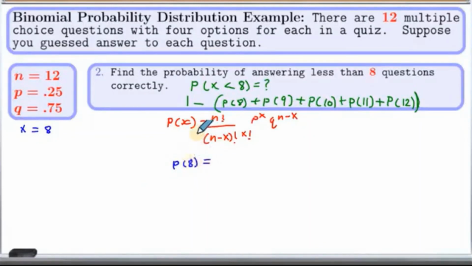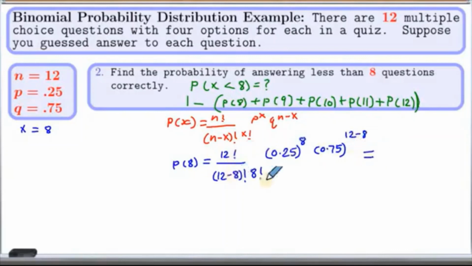On doing that, we get probability of 8 equals 12 factorial over 12 minus 8 factorial times 8 factorial, times 0.25 to the 8, and our q is 0.75, our n is 12, and minus 8.